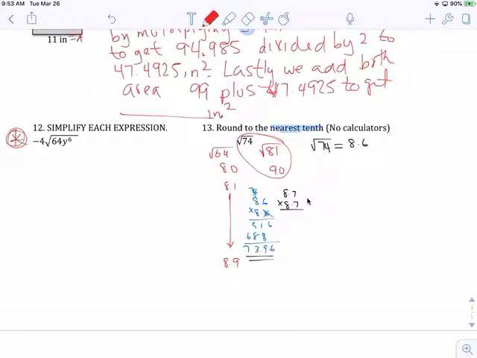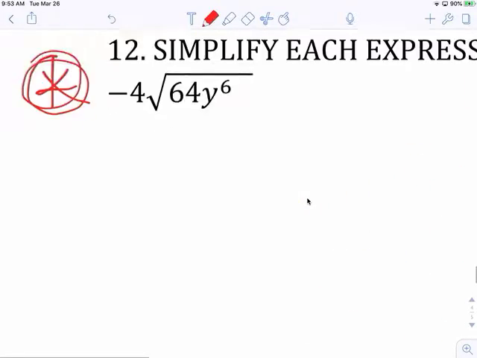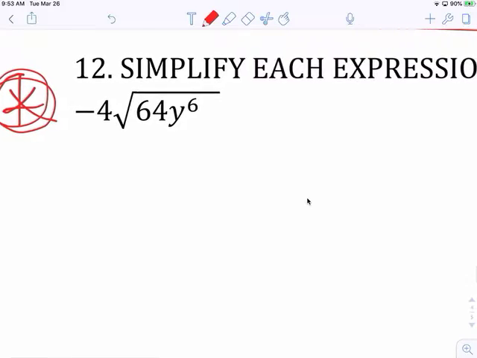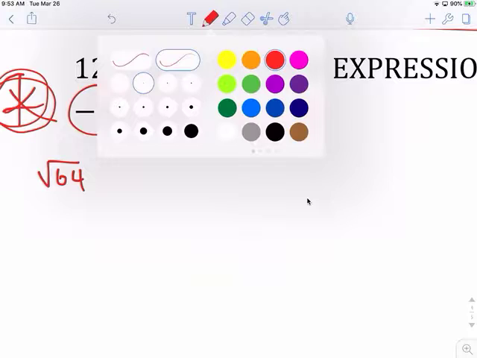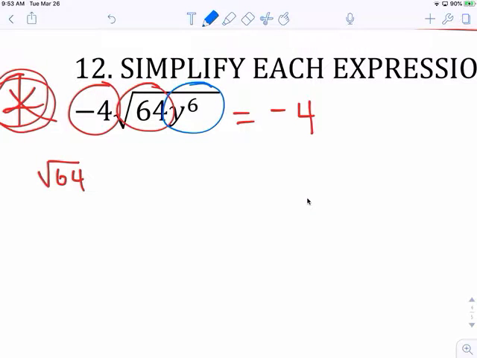Oh, someone wanted me to do this again. Okay, first you take this answer equals -4. This is two questions. The square root of 64, and the other one is the square root of y to the 6. Square root of 64 is 8.